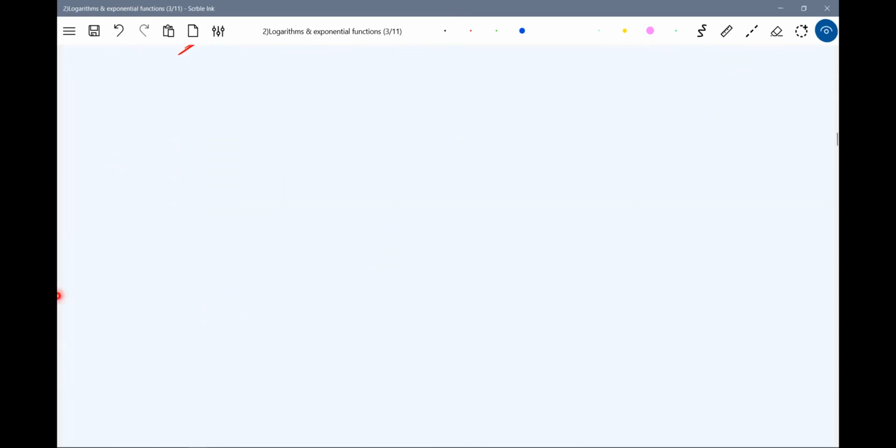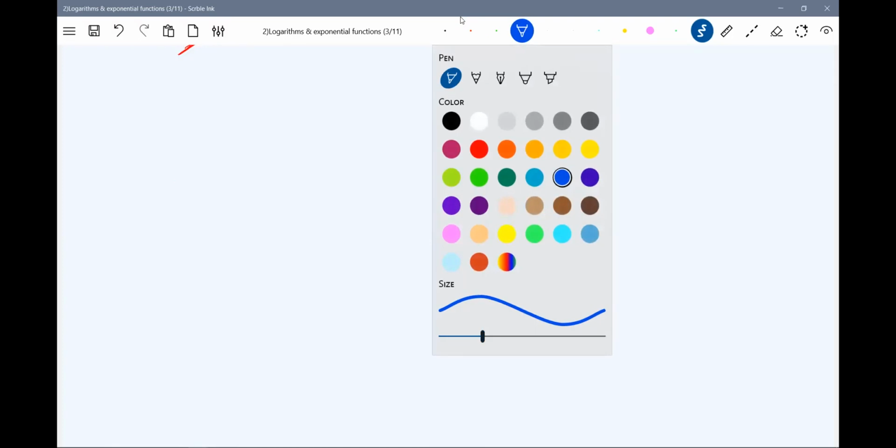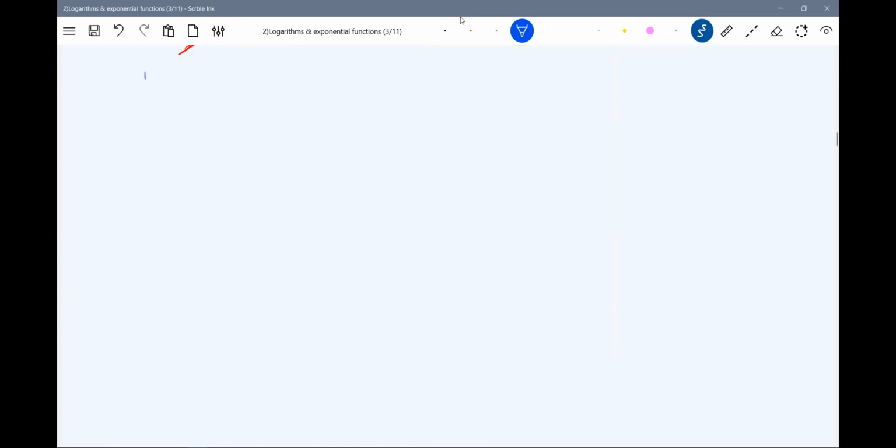Let's take the next, the product rule. So let me start like this. I'm trying to derive certain logarithmic identities.